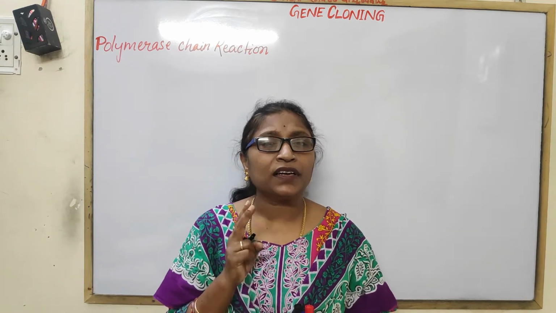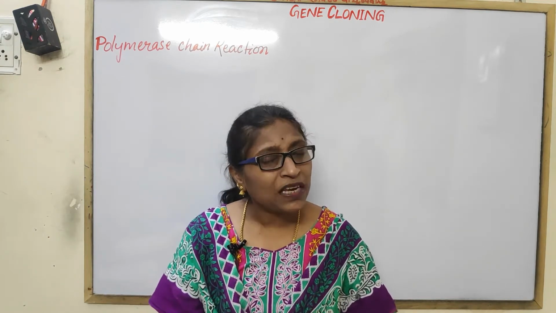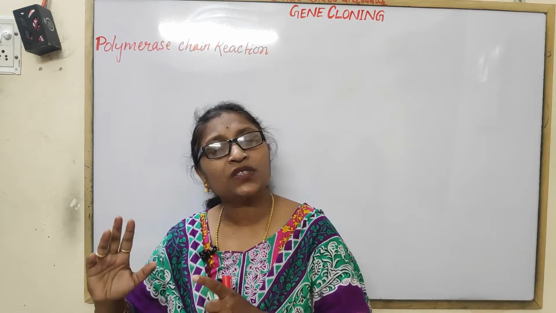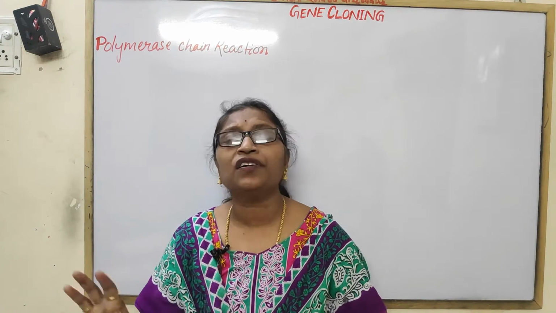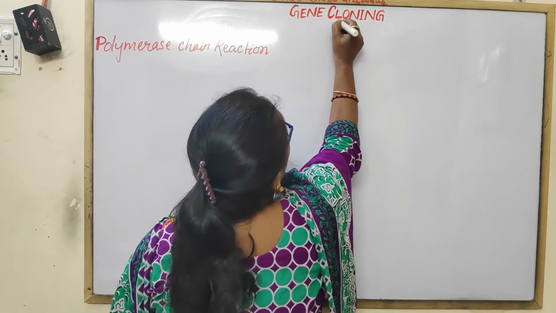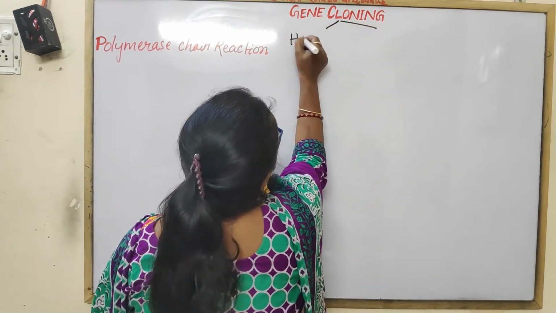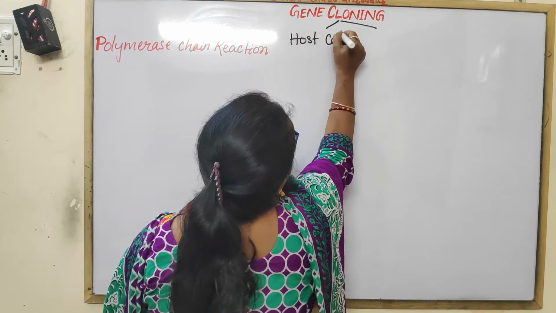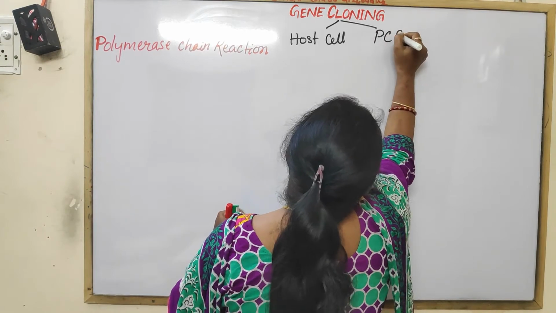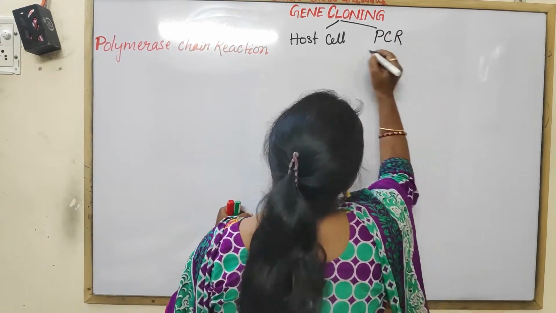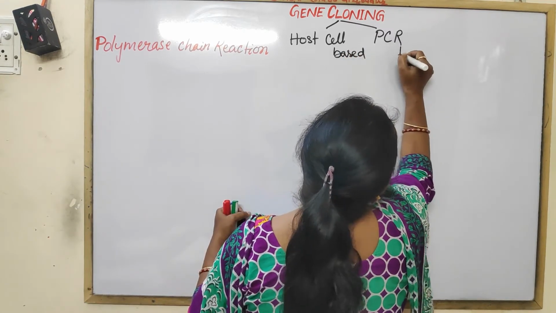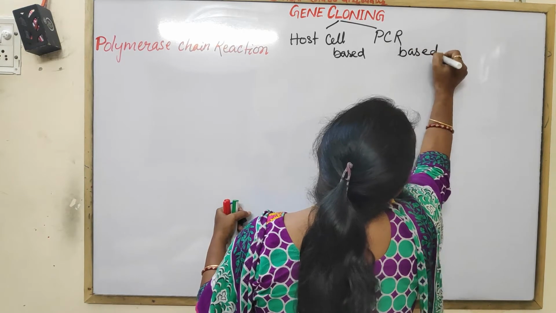Gene cloning can be done by two methods: host cell based cloning, or polymerase chain reaction based cloning, where a host cell is not required.